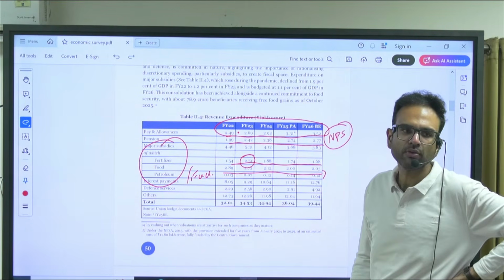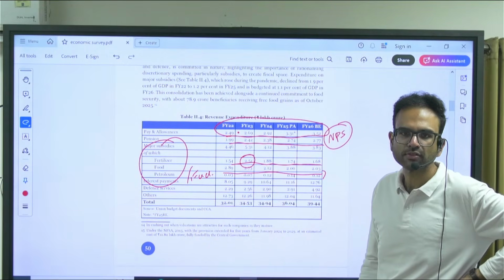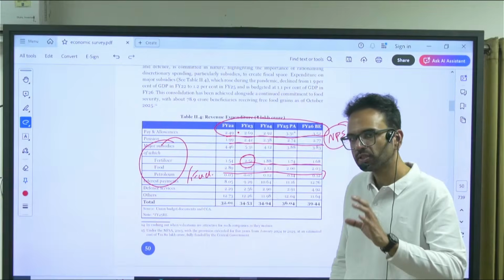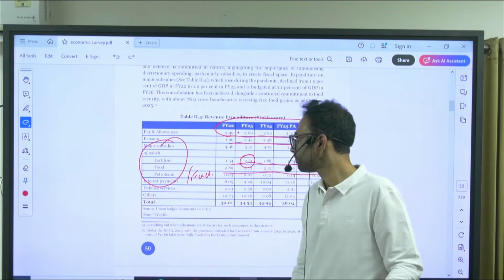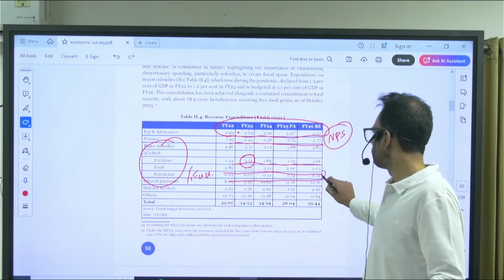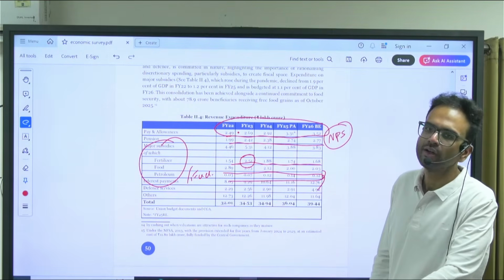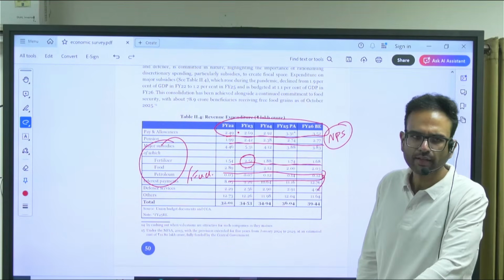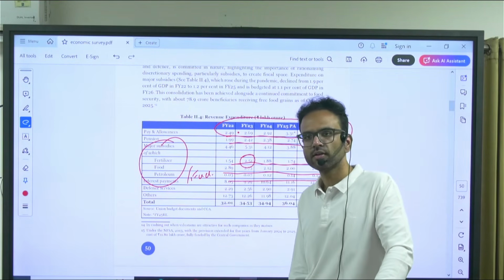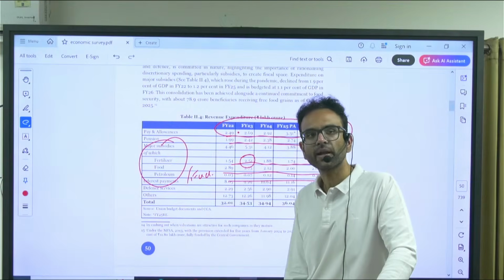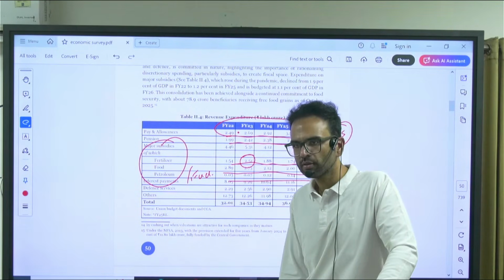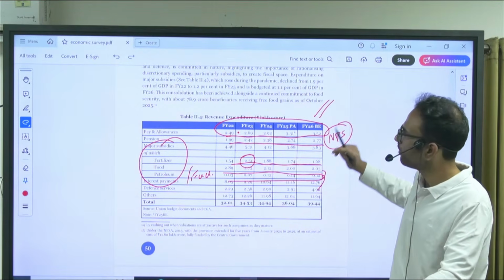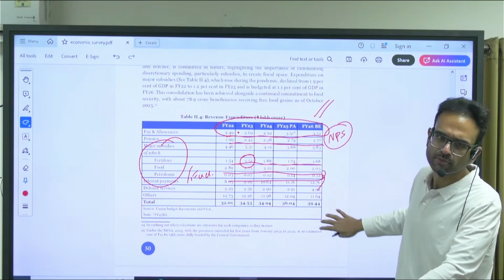We still have to give decent food subsidy because the economic vulnerability of some social groups is not yet taken care of. Petroleum, more or less constant due to fluctuations in global economy. Some natural gas subsidies are varying because of the price fluctuations in the global market. Right. So take a look at this trend-based table of revenue expenditure. It is important.